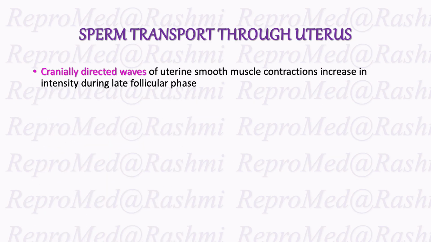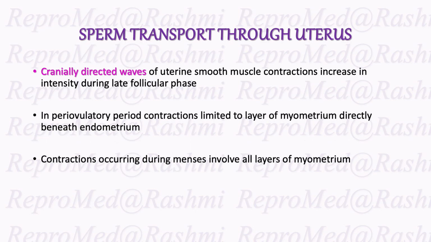Sperm transport through the uterus: cranially directed waves of uterine smooth muscle contractions increase in intensity during the late follicular phase. So the contractions become cervicofundal, and cervicofundal contractions help in ascent of the sperms. In the periovulatory period, contractions are limited to the layer of myometrium directly beneath the endometrium.